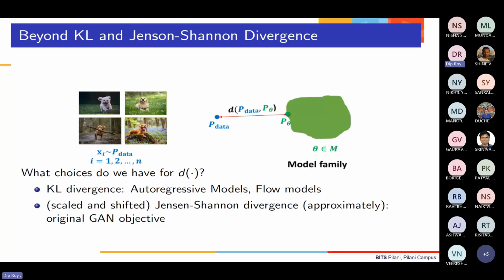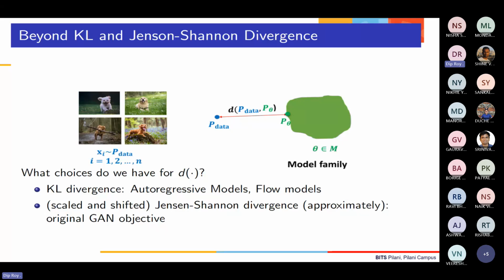We were in a very specific zone earlier where we talked about KL divergence and Jensen-Shannon divergence. But divergence is actually a big umbrella under which many types of divergence come. And every type of divergence can be used as a performance measure for your optimization. Okay, and we'll see how we do.